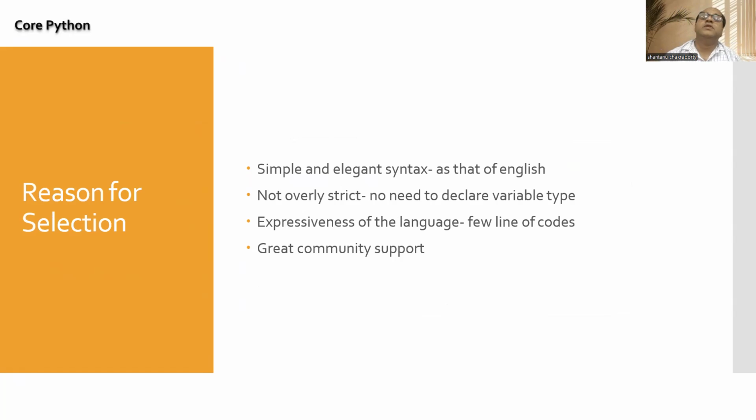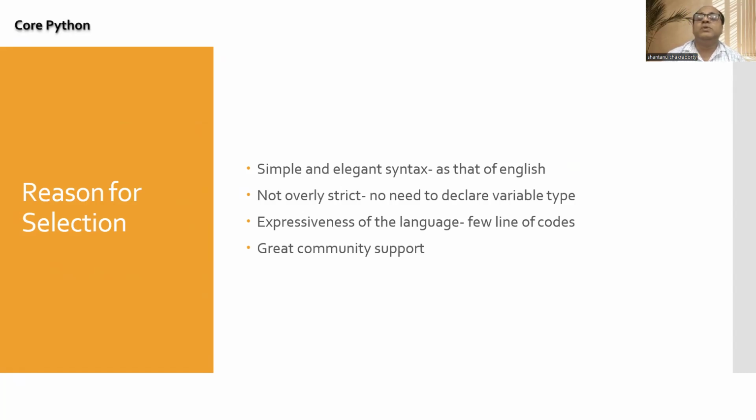Then comes the reason for selection of the Python programming language. There are various reasons why you should select Python. It has great community support and is very easy to understand. It's extremely user friendly as compared to Java or any other programming language.